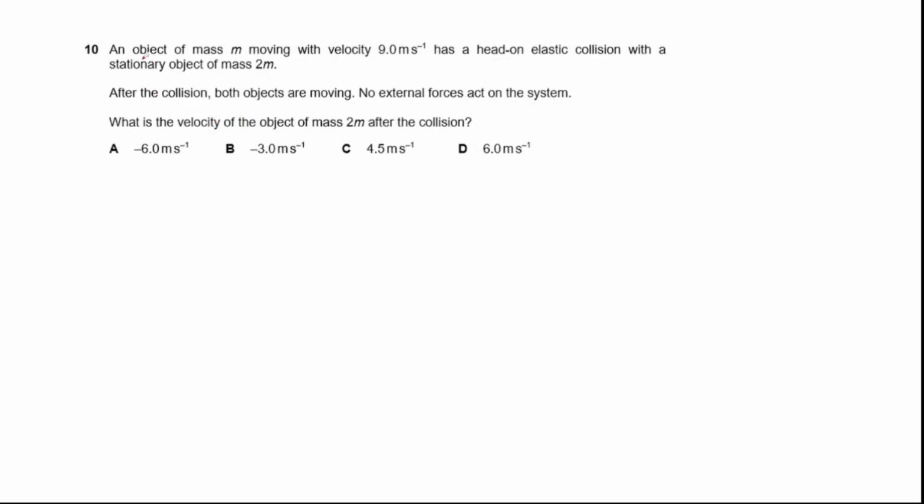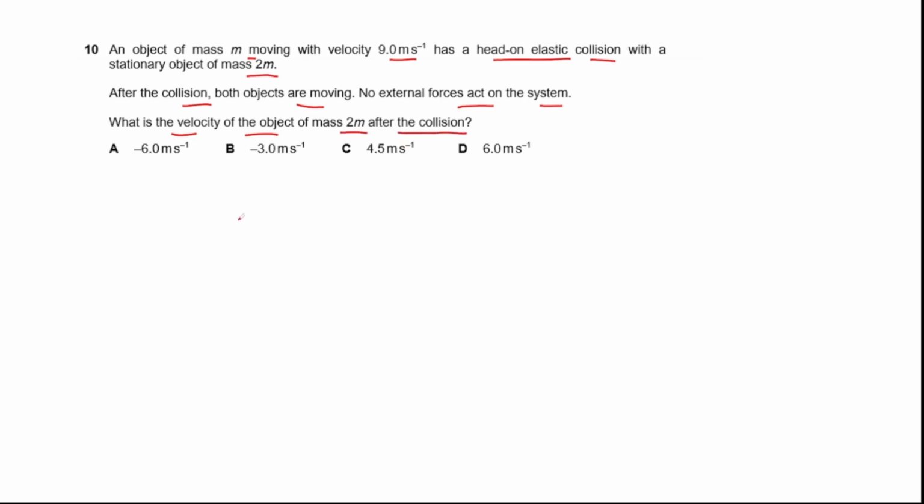Question number 10. An object of mass m moving with velocity 9 meters per second has a head-on elastic collision with a stationary object of mass 2m. After the collision, both objects are moving. No external forces act on the system. What is the velocity of the object of mass 2m after the collision?